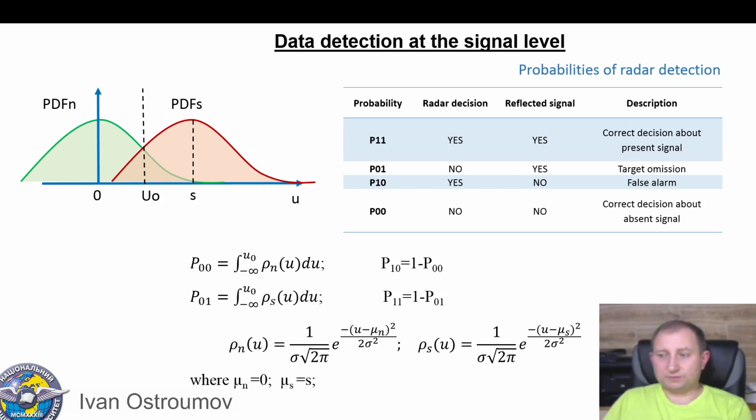If someone forgot, I've got formulas for normal probability density functions. These are Gaussian probability density functions. And you will see that in these functions we use mu signal and mu noise. Mu noise is equal to 0.